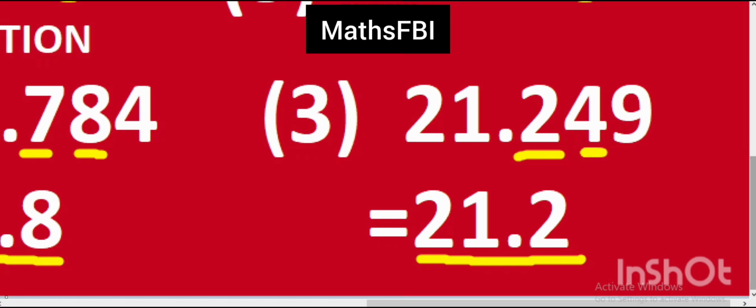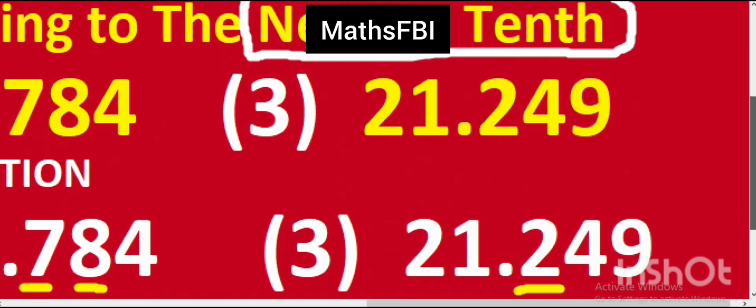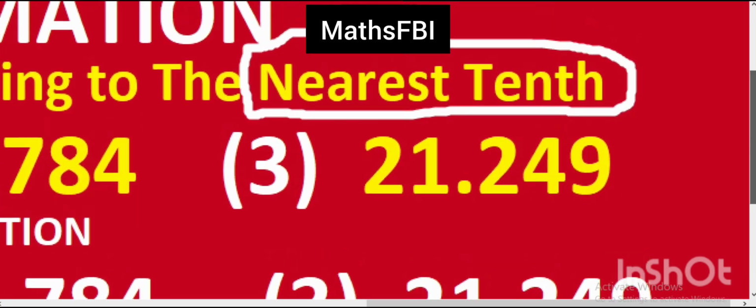The next number is less than 5, so we round it down to 0 and add it here. So we still arrive at 21.2. And that is it on approximating numbers to the nearest tenth.